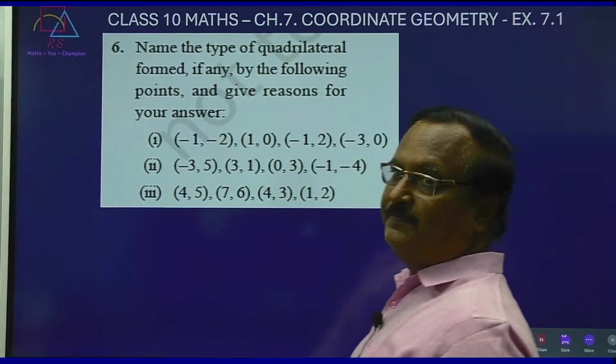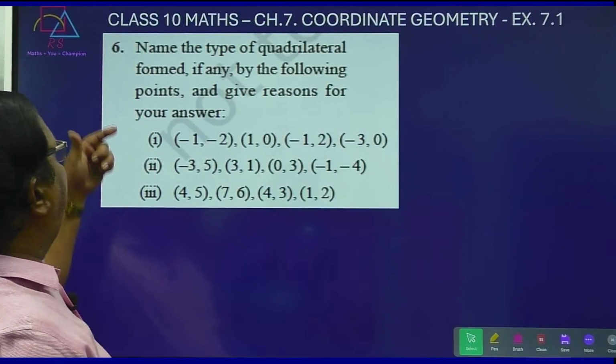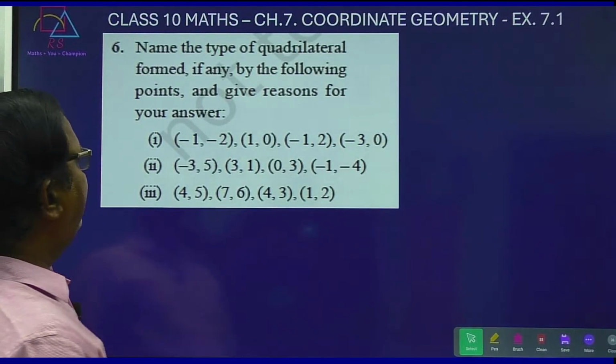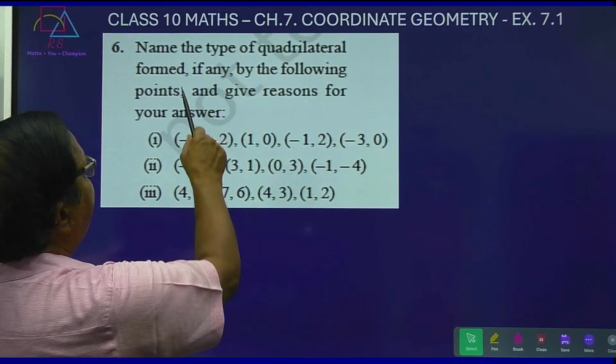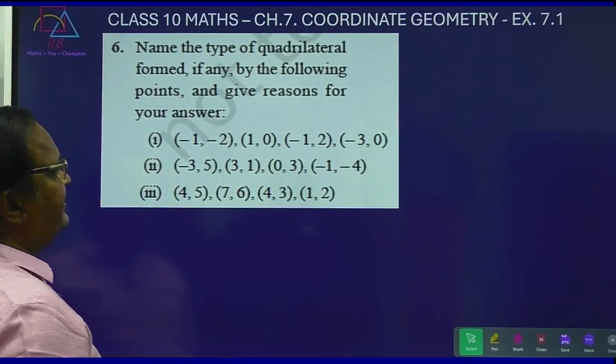Sixth question. In the sixth question there are 3 bits: first bit, second bit, third bit, right? They are 4 vertices. Name the type of quadrilateral formed, and give reasons for your answer.